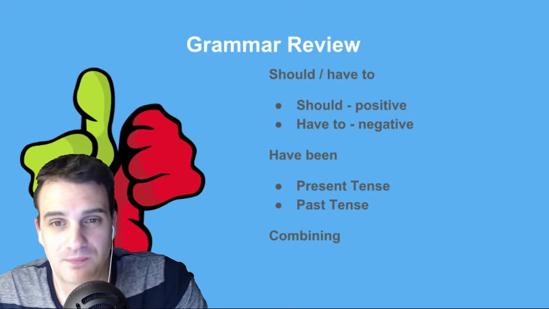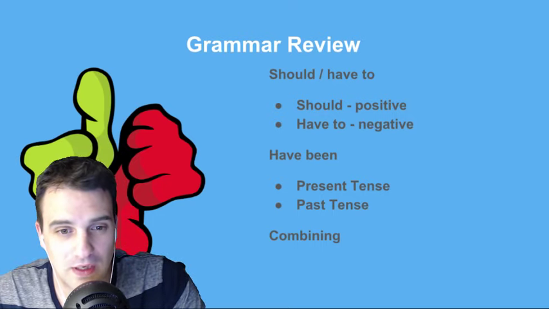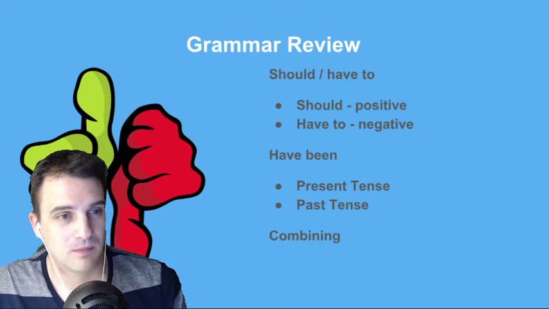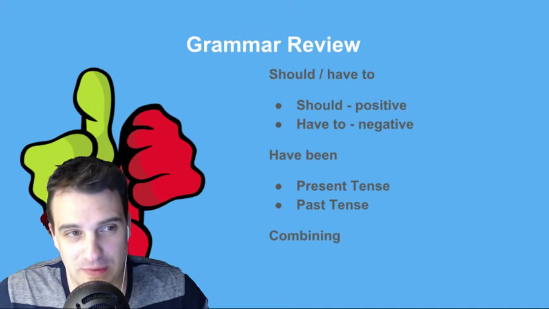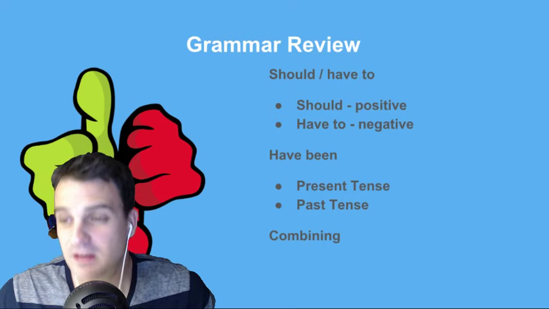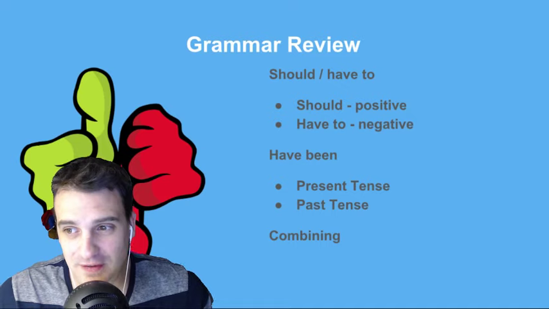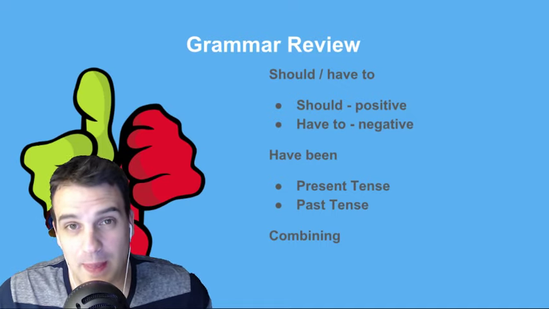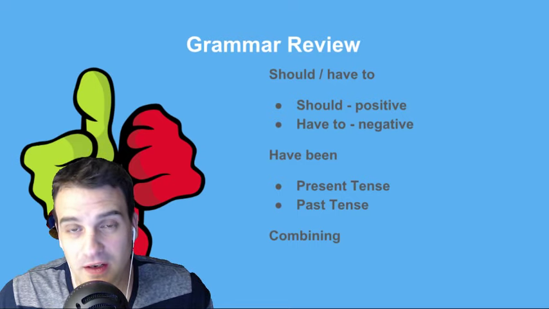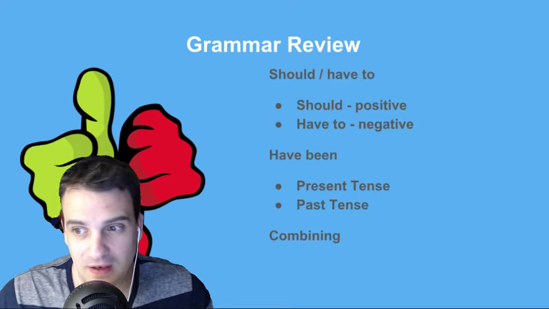For example, when we think about what you have been doing lately, you have to use past tense if you were doing something lately before. And that means last year I had been swimming every week.